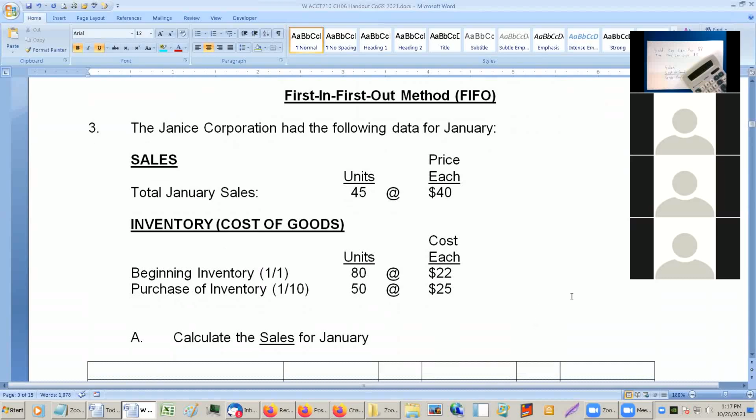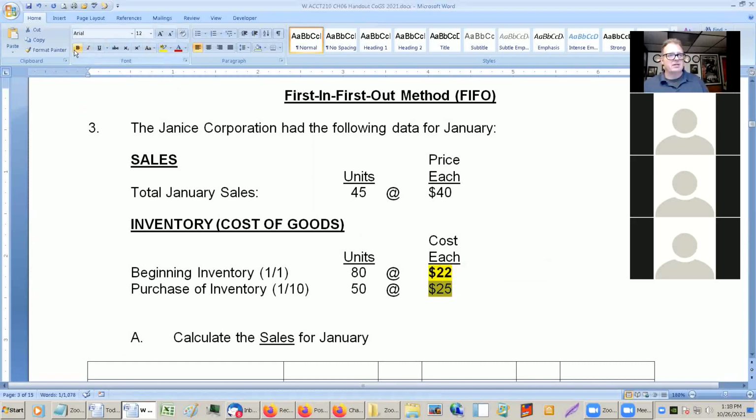Okay, let's go to page 3, and this one is where it starts getting tricky. On page 3, you'll notice something that is absolutely common in business.